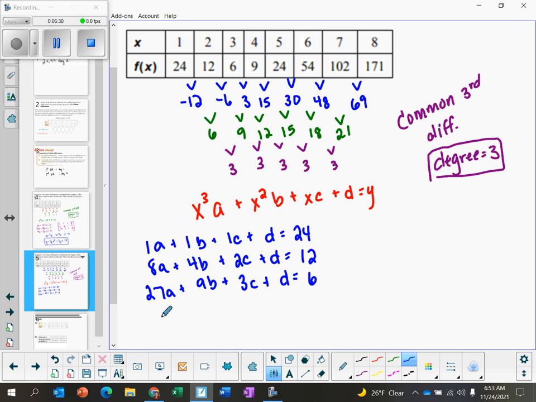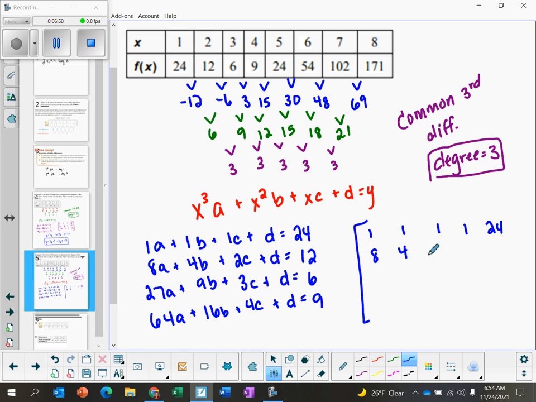And now 4. 4 to the third is 64. 4 squared is 16. That's 4. Okay, so that means the matrix we're going to use is 1, 1, 1, 1, 24; 8, 4, 2, 1, 12.